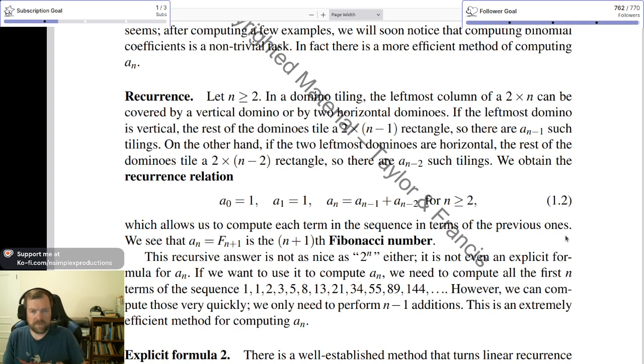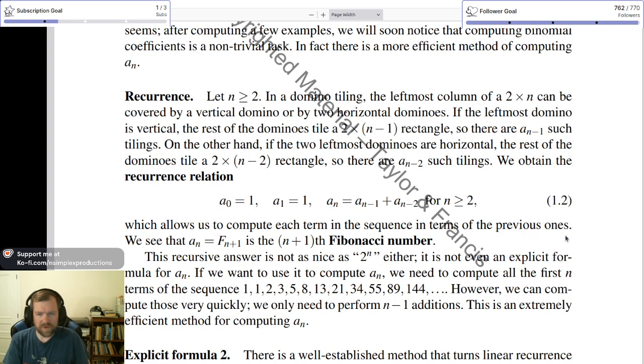On the other hand, if the 2 leftmost dominoes are horizontal, the rest of the dominoes tile a 2 by n minus 2 rectangle. So there are a sub n minus 2 such tilings. We obtain the recurrence relationship: a sub 0 equals 1, a sub 1 equals 1, a sub n is equal to a sub n minus 1 plus a sub n minus 2.